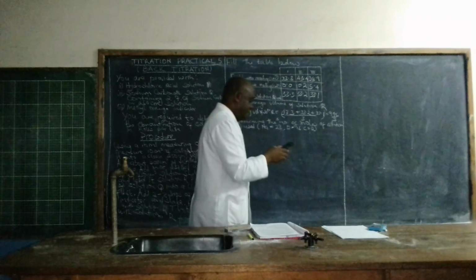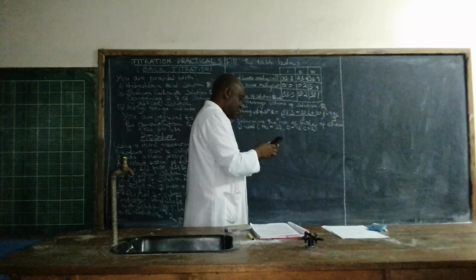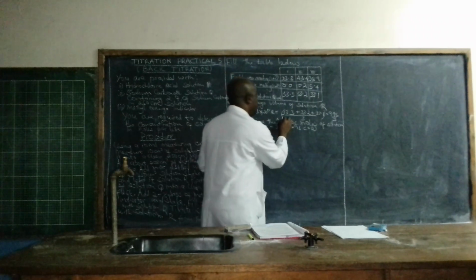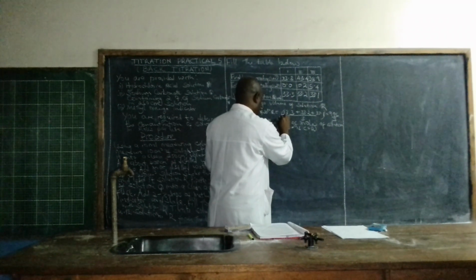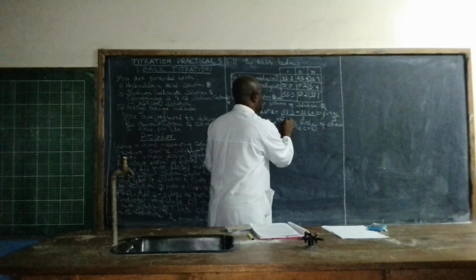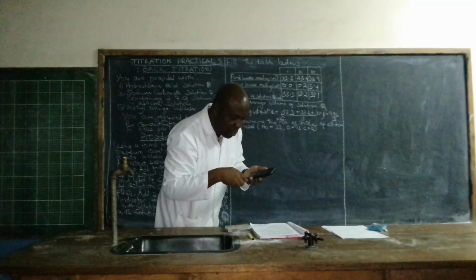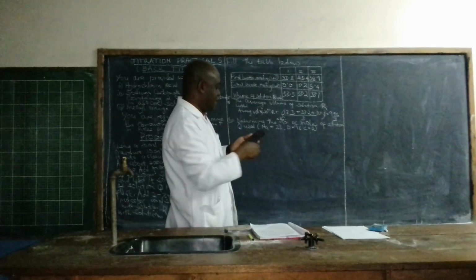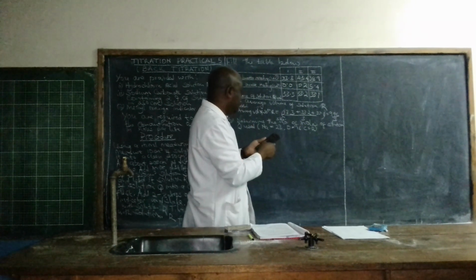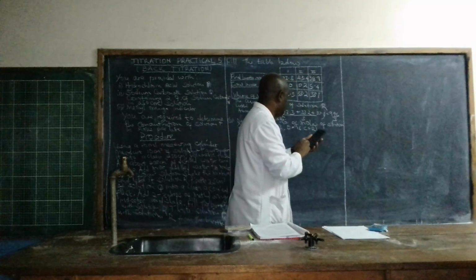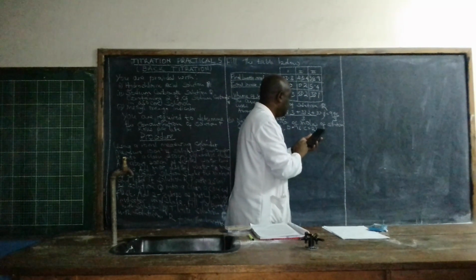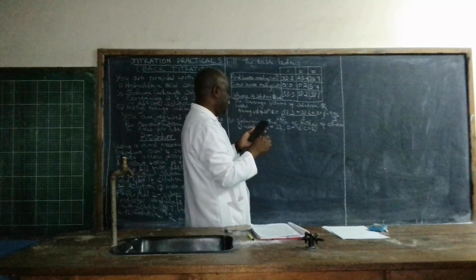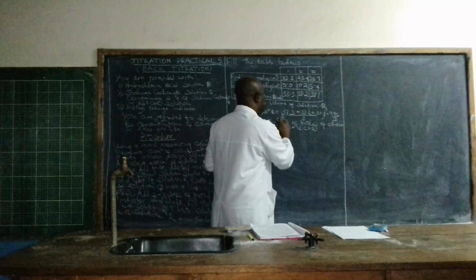We go back to our calculator. Let me repeat it again. 99.6 divided by 3 is giving us 33.2.